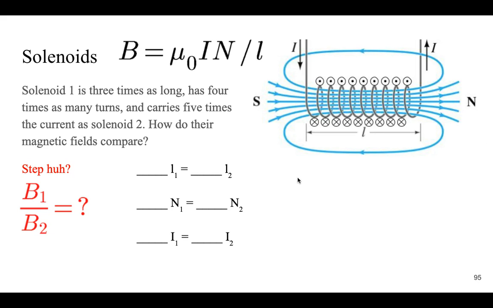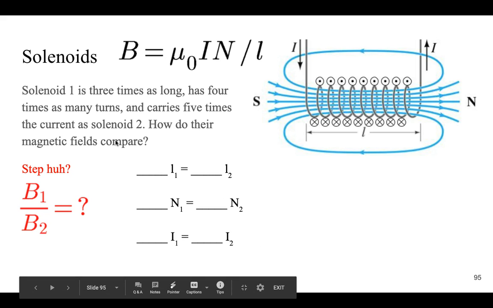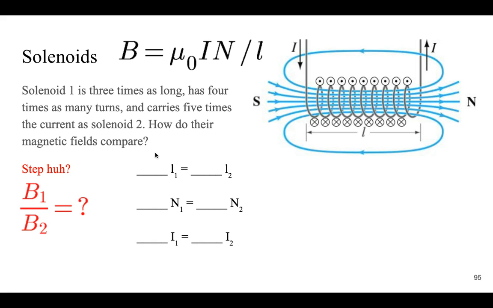If you get one of these ratio problems, you want to make a list of the things that you know. So I've made my list in the same order in which I've given you the information. Solenoid 1 is 3 times as long as solenoid 2. It has 4 times as many turns, and it carries 5 times the current as solenoid 2. So your numbers are going to be 3, 4, and 5.